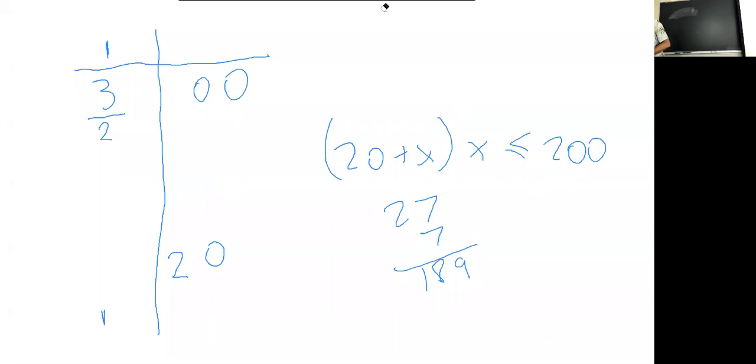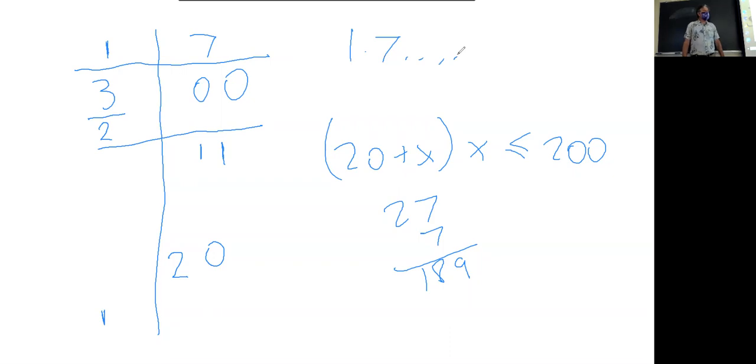So we're going to put in 189. So I'm going to put a 7 up here, and then I'm going to subtract 189, and I get 11 as my remainder. And so the square root of 3 is 1.7.